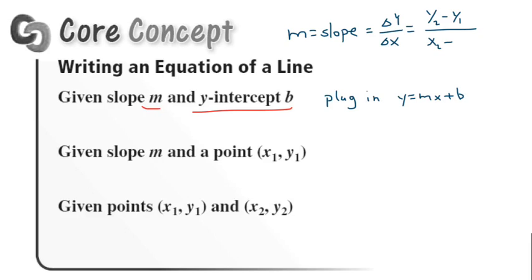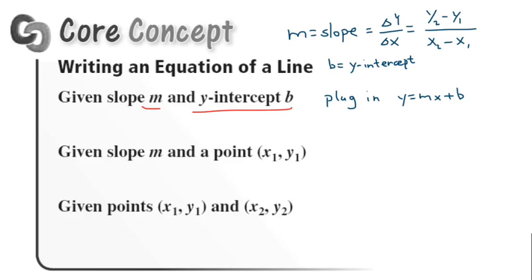Those are all equivalent statements. And b is your y-intercept. So if they give you a slope and a y-intercept, just plug it in, you're done.